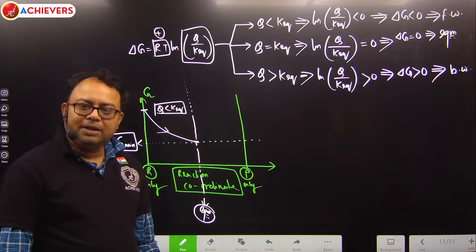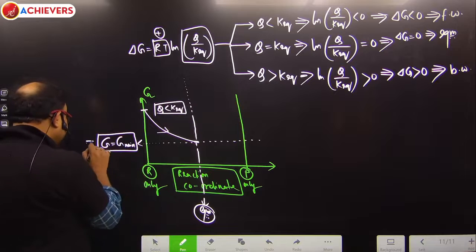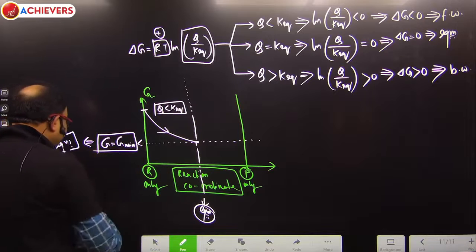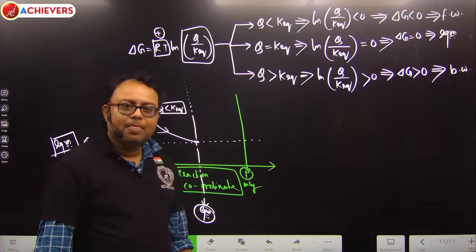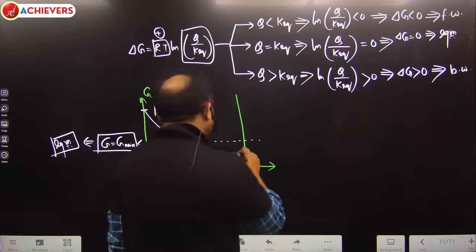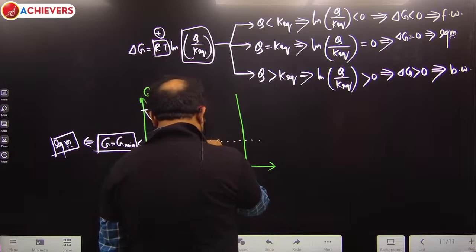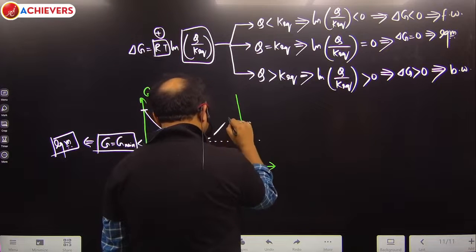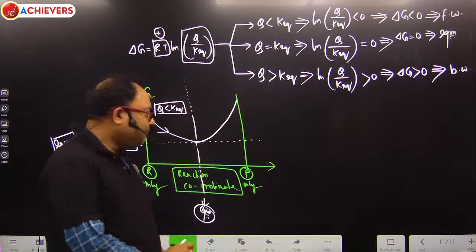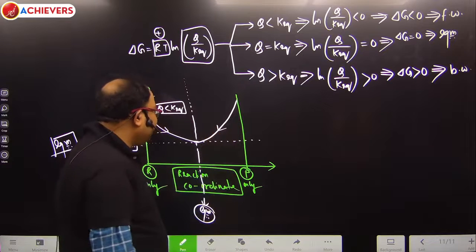At equilibrium, G is minimized. This stands for equilibrium. And beyond equilibrium, delta G is positive. What does that mean? That means the backward reaction becomes visible.